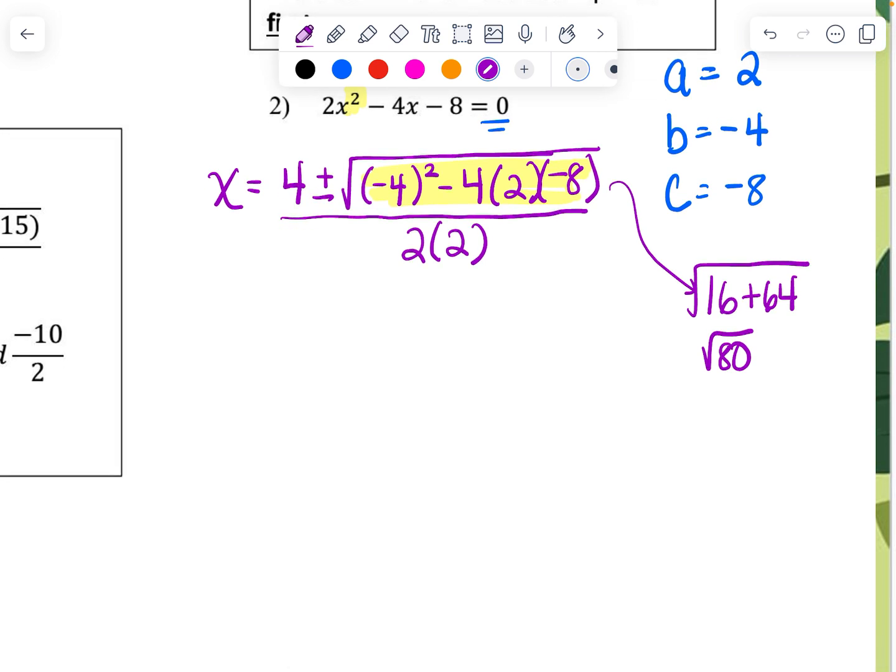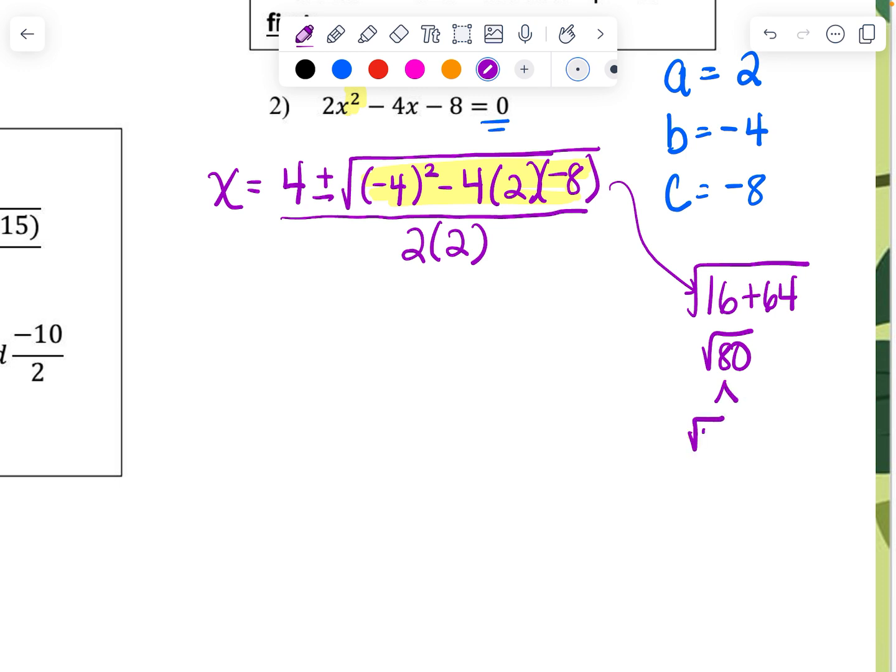I'm going to go ahead and simplify that radical because I've got an 80, and I want to figure out if there are any perfect squares in there. So I could say 4 times 20. That works, but I also just happen to know that 80 can be divided by 16 evenly. So 16 times 5 is 80.